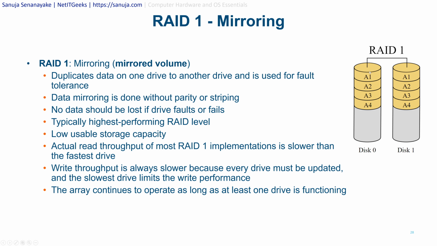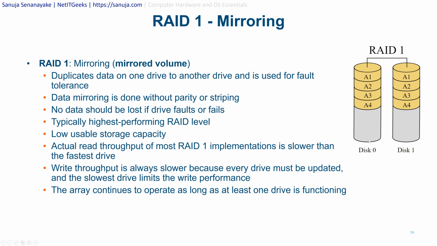So in this here, we have a data file with A1 to A4, and that data is basically mirrored or copied one-to-one to the next disk. Whatever the data in disk 0 is being copied to disk 1. It is mirroring the data in one disk to the other disk. As a result, basically you're going to drop your capacity by half.